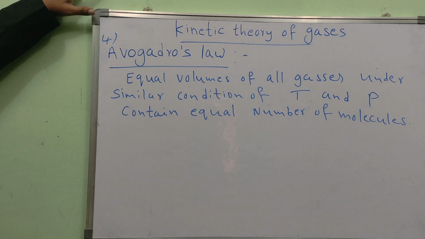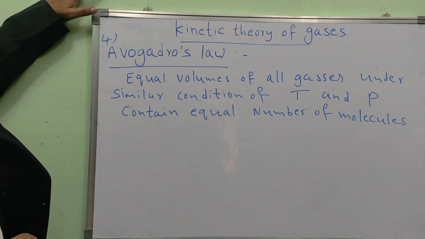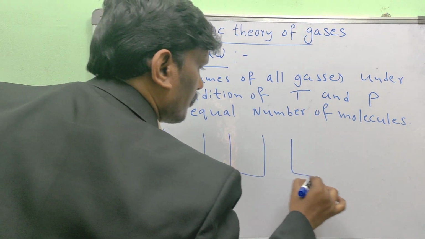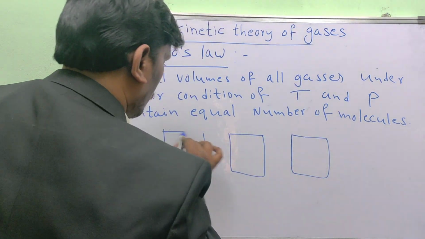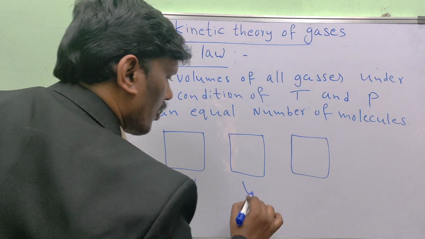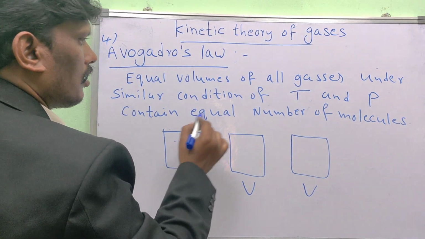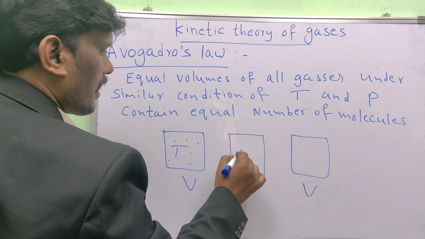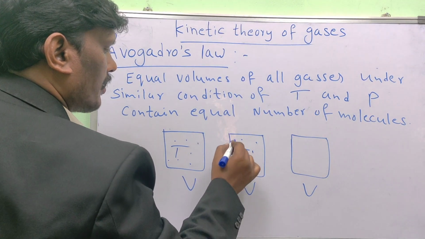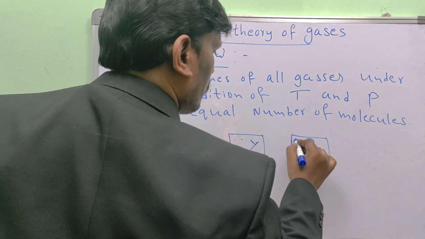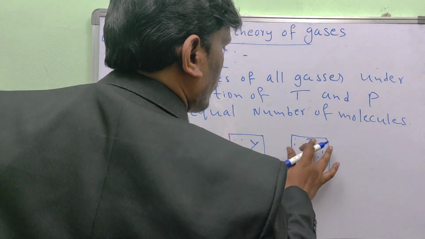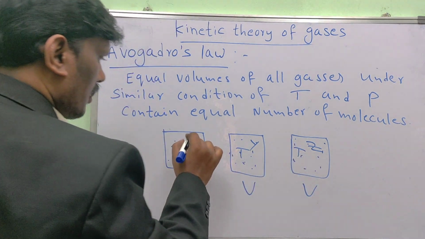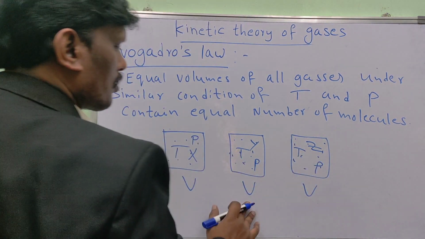Fourth law, Avogadro's law. Consider three different gases with equal volumes, and the temperature inside is the same. This is gas X, this is gas Y, this is gas Z. All three gases X, Y, Z have the same temperature T and the same pressure P, and their volumes are also equal.